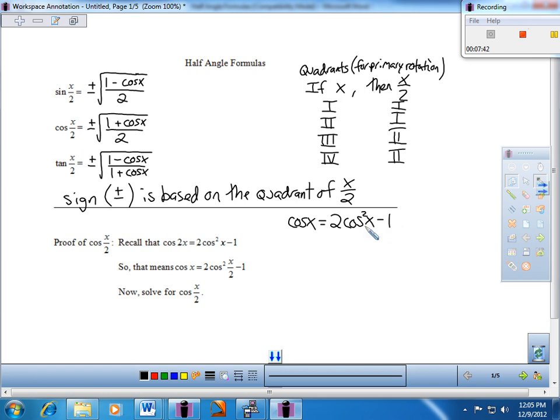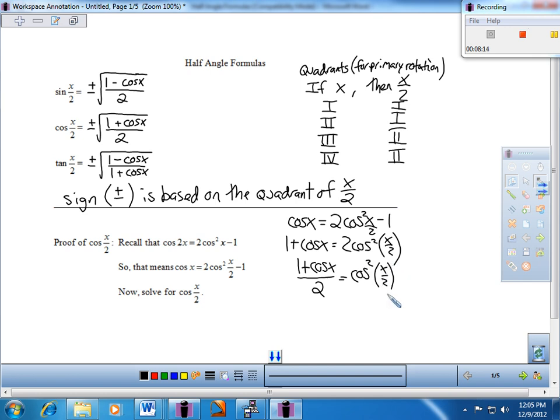Oops, sorry, x over 2, my fault. Let's solve for the cosine of x over 2. Everybody add 1, and I get 1 plus cosine of x equals 2 cosine squared of x over 2. Everybody divide by 2 on your paper. And so I divide by 2. You can see that it starts to work out nicely.